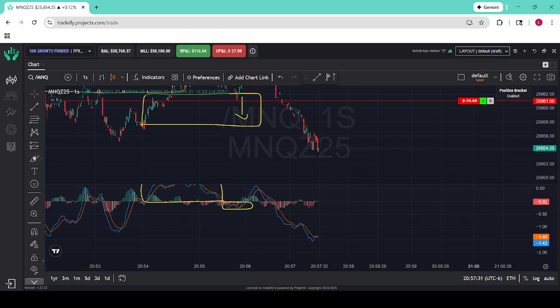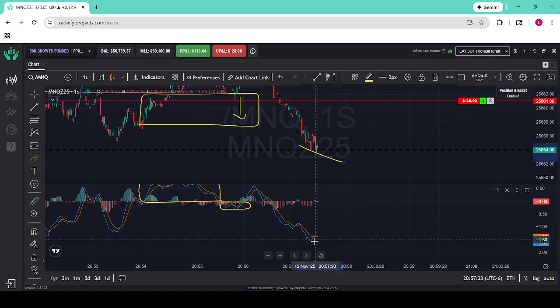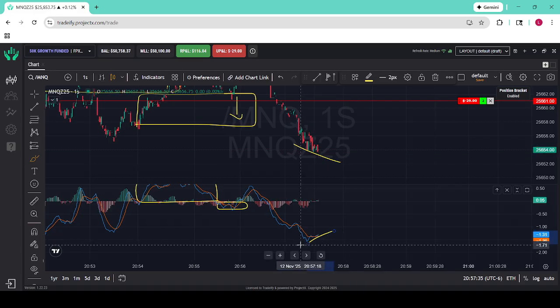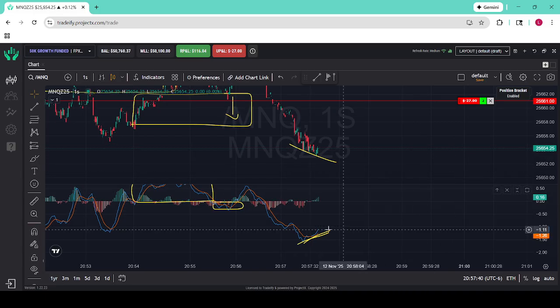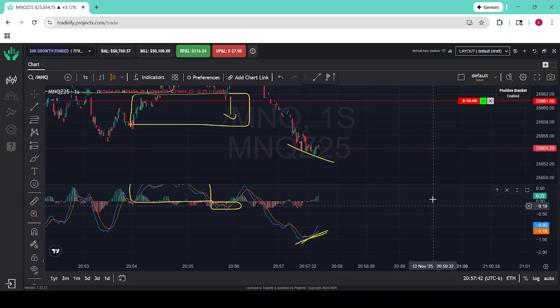Waiting for divergence here. Down and up. And it beats this peak even better.